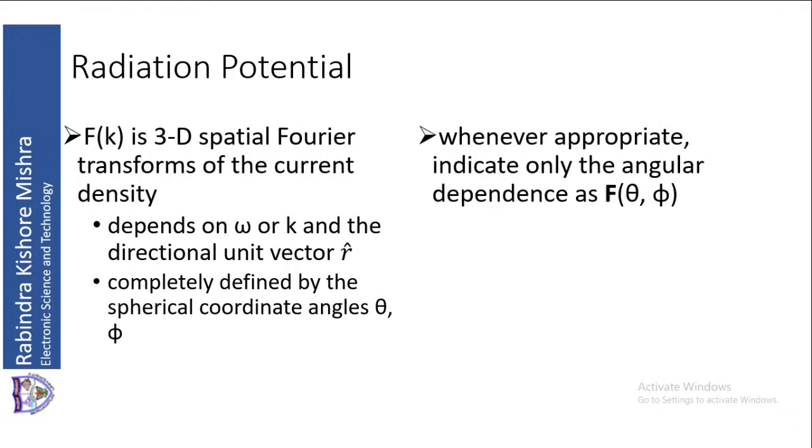Wherever it is appropriate, we indicate only the angular dependency as F theta phi, instead of F k. We do not consider the dependency on omega and k; we usually consider the dependency on theta and phi.